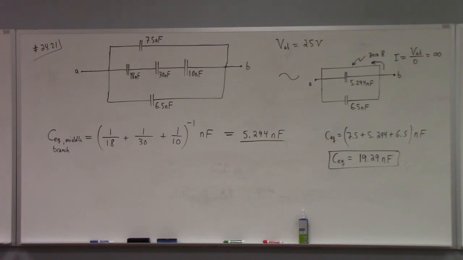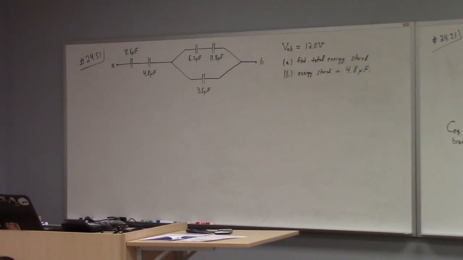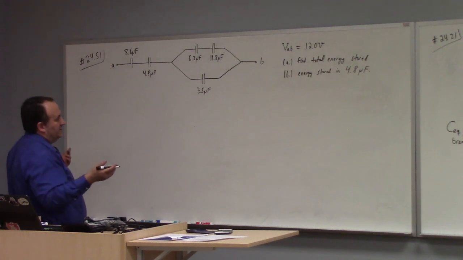All right. So just to tell you the solution method, we simply find the equivalent capacitance and then use one of the energy formulas. I think we're going to use the 1/2 CV squared because that's the natural choice, right? Because we'll know the capacitance and we'll know the voltage. So all right, let's get to it.